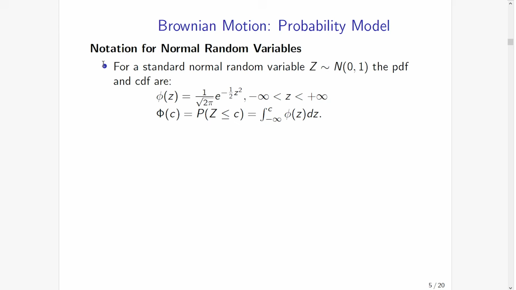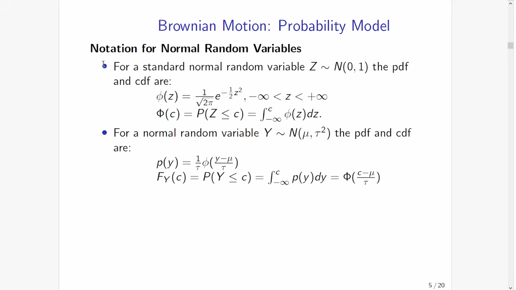The notation of lowercase phi and uppercase Phi is standard for referring to Gaussian or normal densities and CDFs. If we have a normal with non-zero mean mu and variance tau squared, or standard deviation tau, then the density of this normal Y is a simple function of the density of the standard normal.